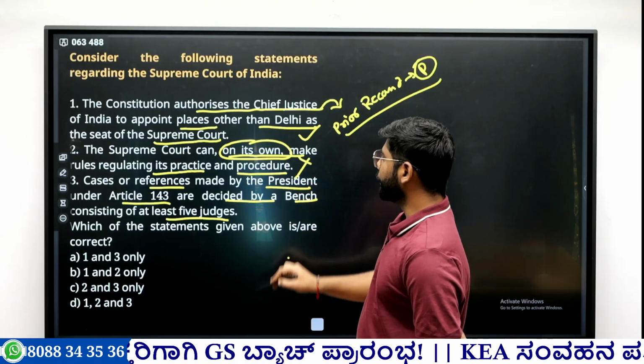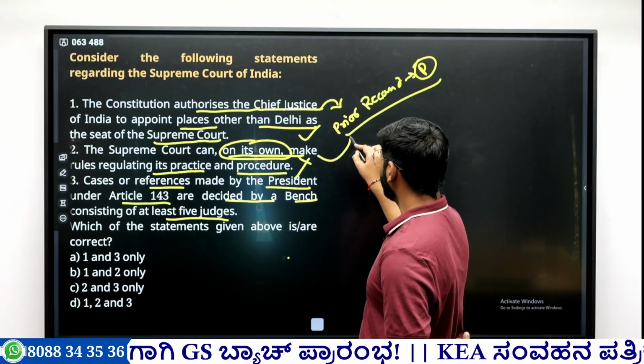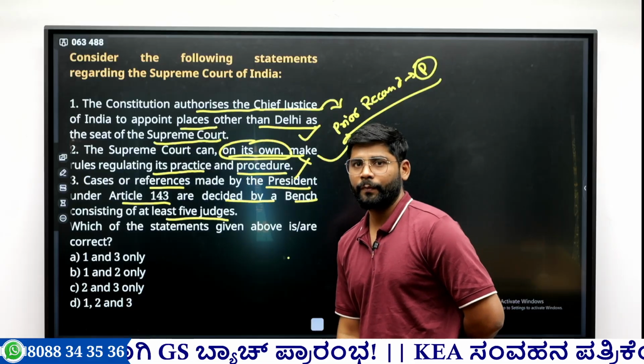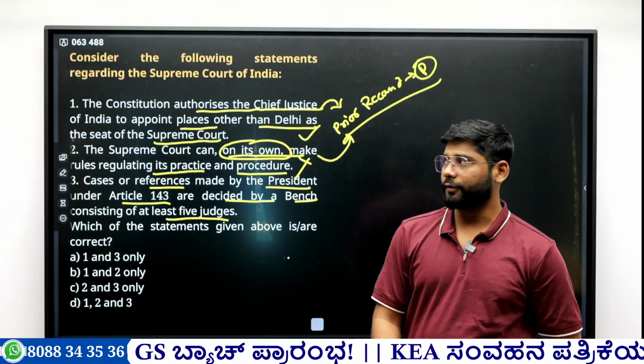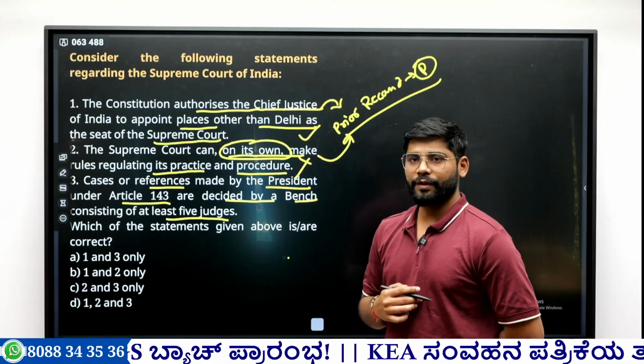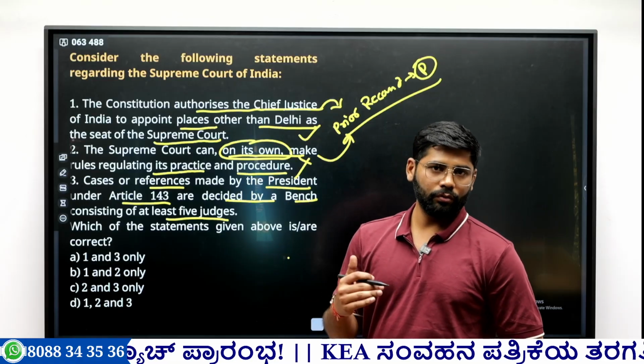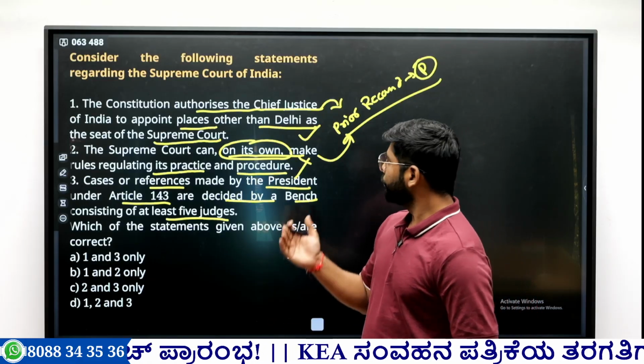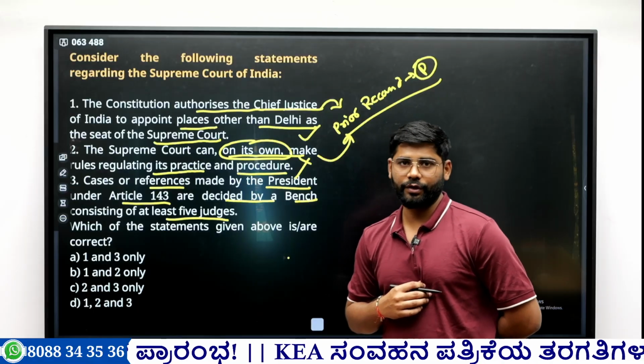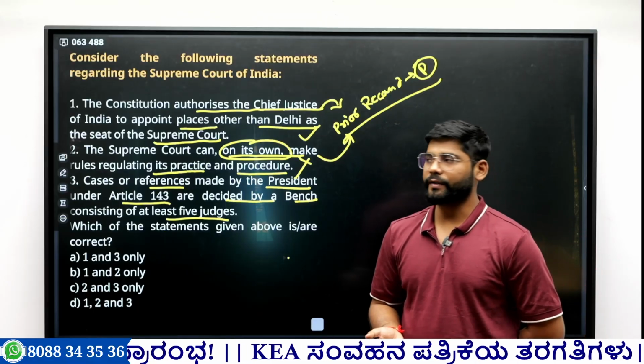It cannot do it on its own. It needs prior recommendation or consideration of the President. Same also, if the Chief Justice wants to change the seat of Supreme Court, he cannot do it on his own. He needs the prior recommendation or the consideration or the permission of the President of India.